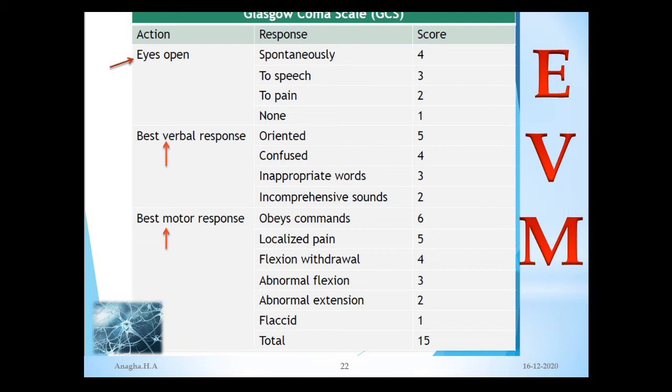Inappropriate is whatever we ask, the reply will not be of the same context, but in incomprehensible sounds, the patient would be speaking something, would be making some sounds, but it doesn't make any sense. Then best motor response, obeys the commands, localizes the pain, and flexion withdrawal, abnormal flexion 3 points, abnormal extension 2 points, flaccid 1. So in total, the patient should get points above 8. Anything below 8 or below 7 would be considered abnormal.